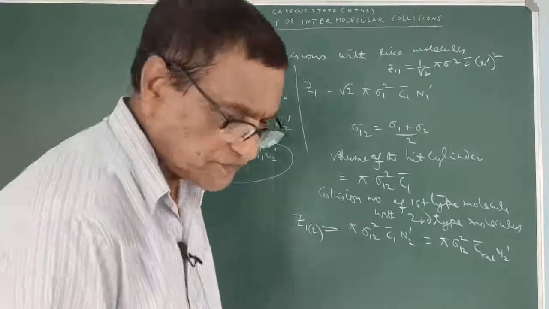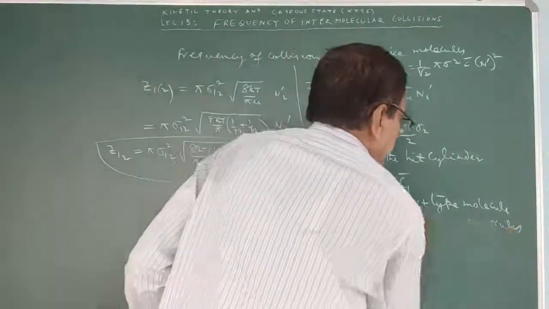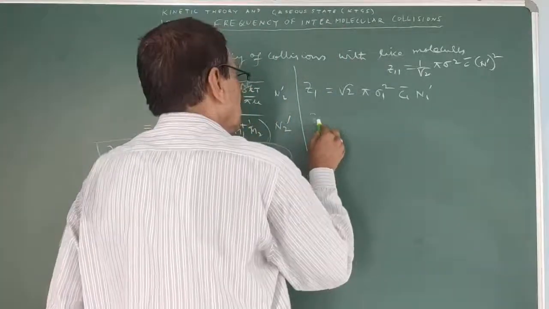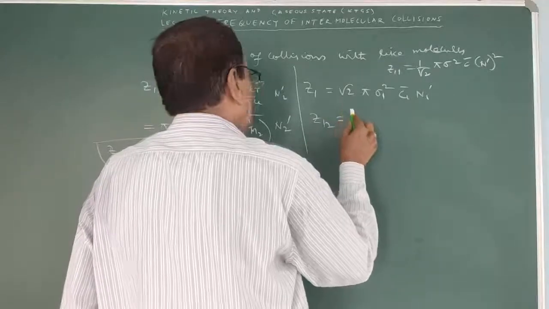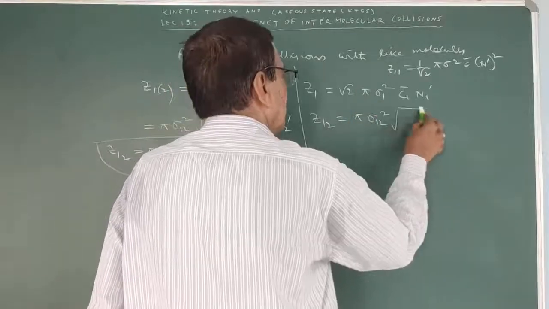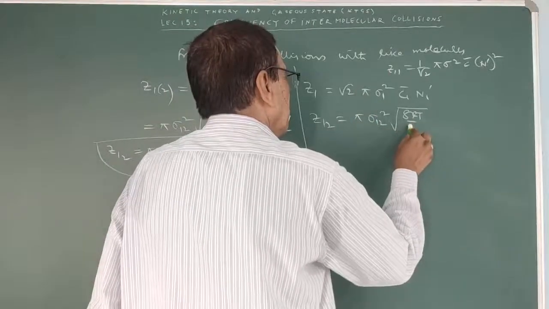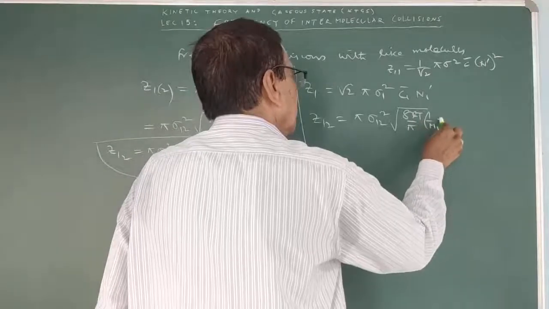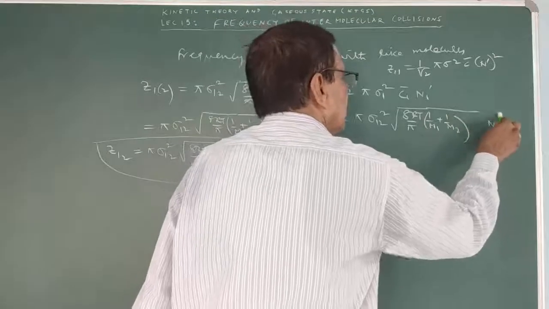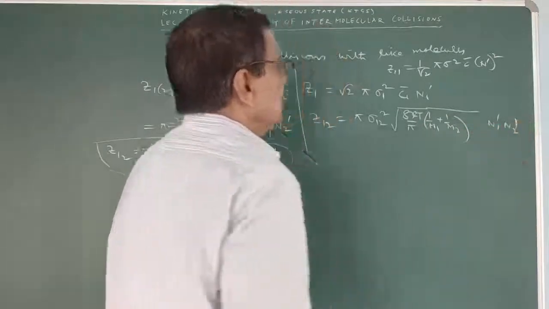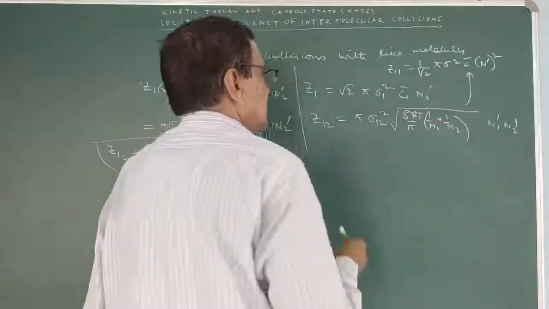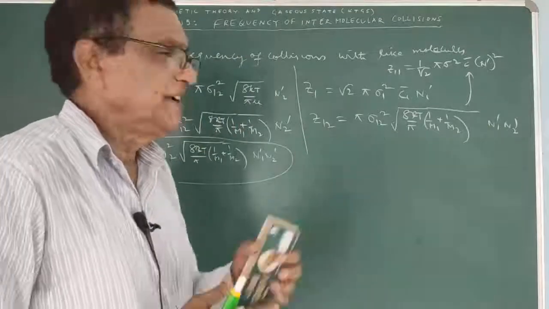So Z12 equals pi sigma 12 square and root over 8RT by pi times (1 by m1 plus 1 by m2), times n1 dash and n2 dash. If we would like to go from this to the like-molecule case, we can easily do so, as this is more generalized.